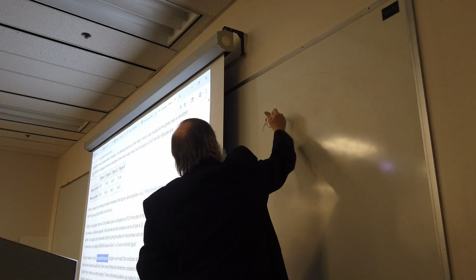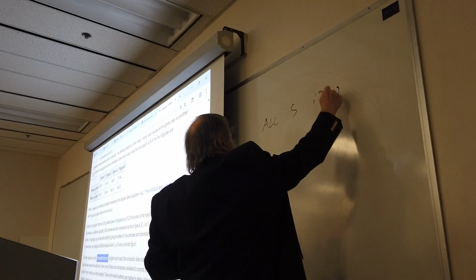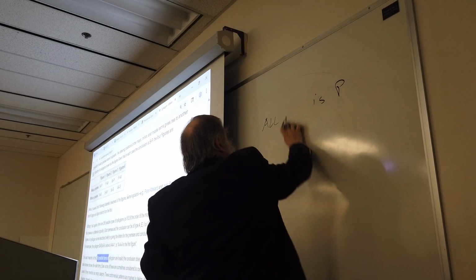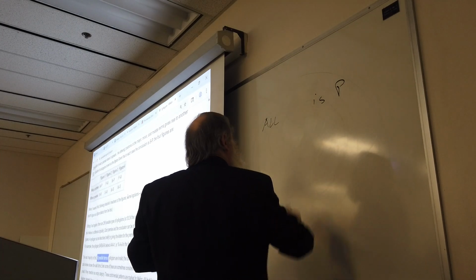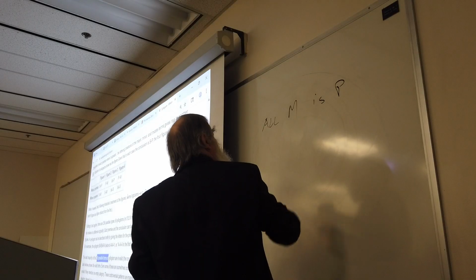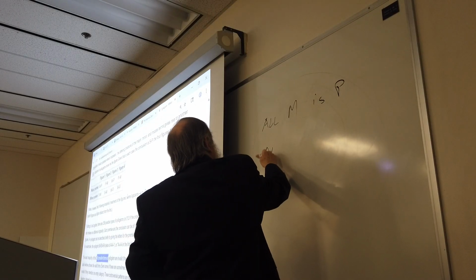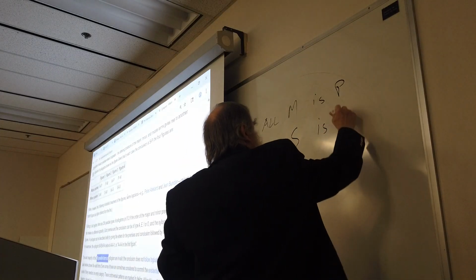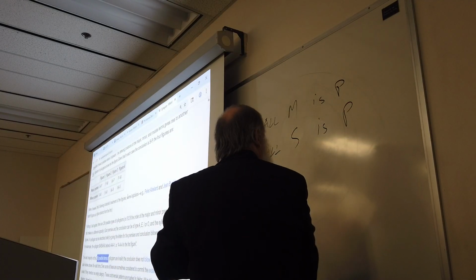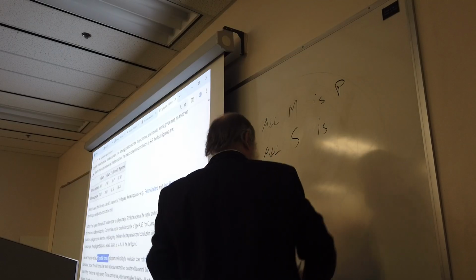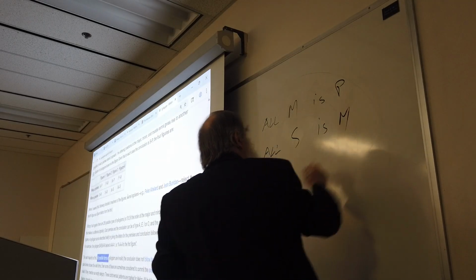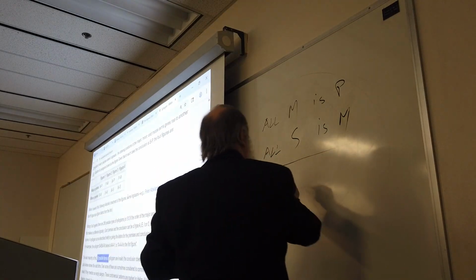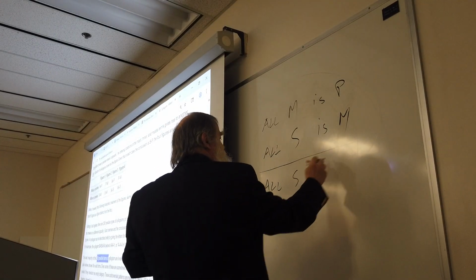I'm going to start off by saying all of the middle term is P. In the second statement, I want to say all of the subject term is M. And then my conclusion, you might draw a line or something, and you say all S is P.